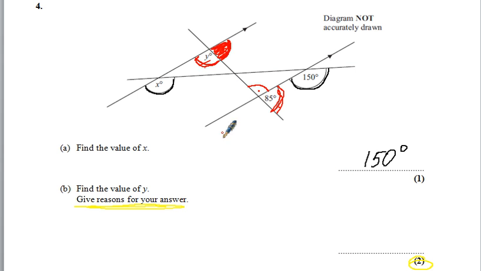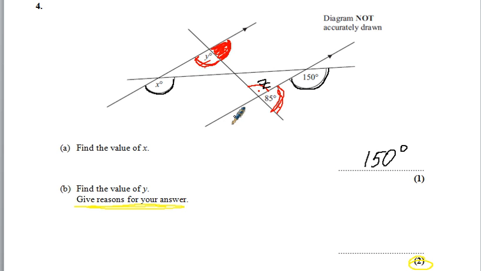Okay, so perhaps it would be a problem for us to say this angle, that angle. So therefore, let's just introduce a letter Z, for example.